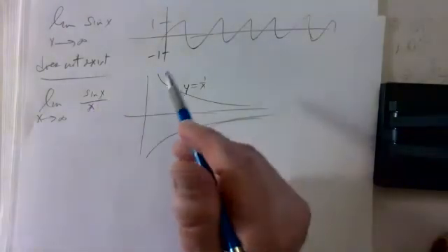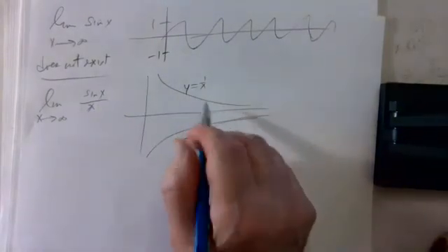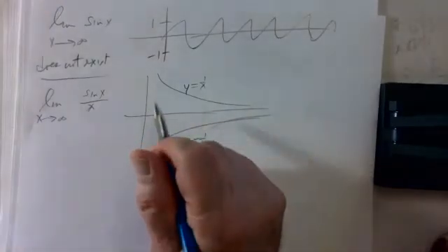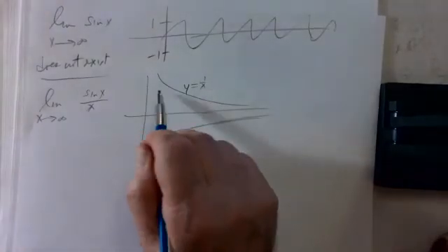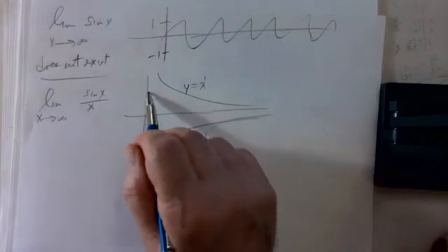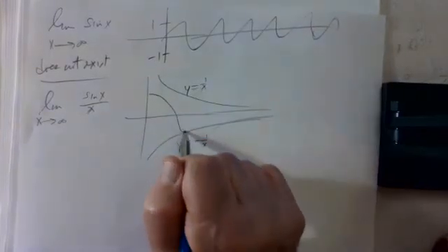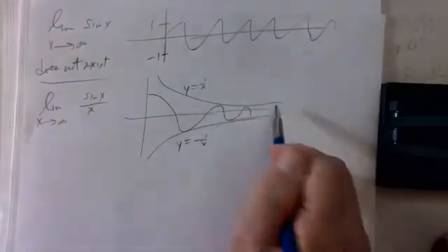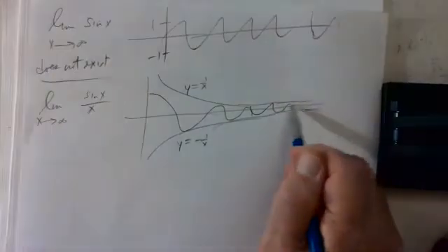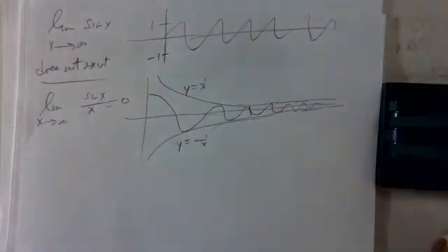So sine x over x, for any x, is at most 1 over x and at least minus 1 over x. And in fact, this function is oscillating, but the oscillations are damped, and this limit is 0.